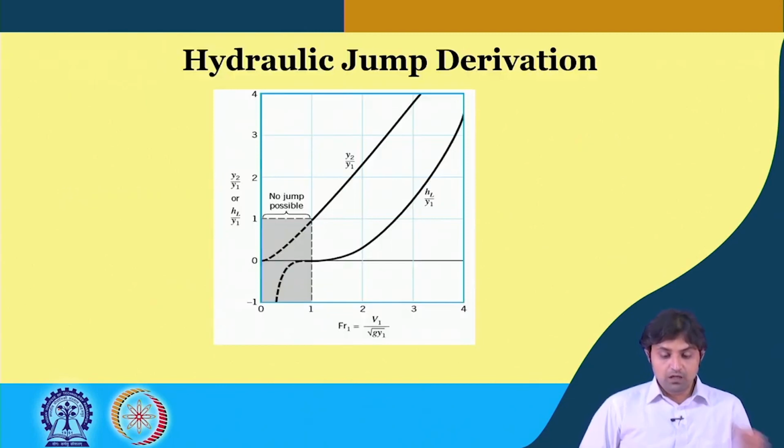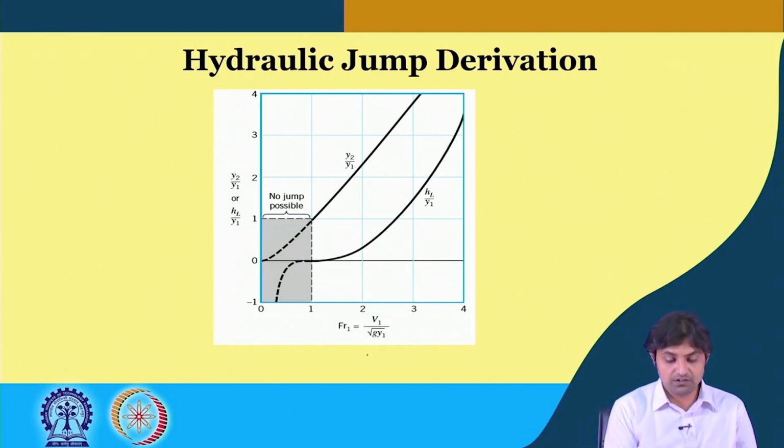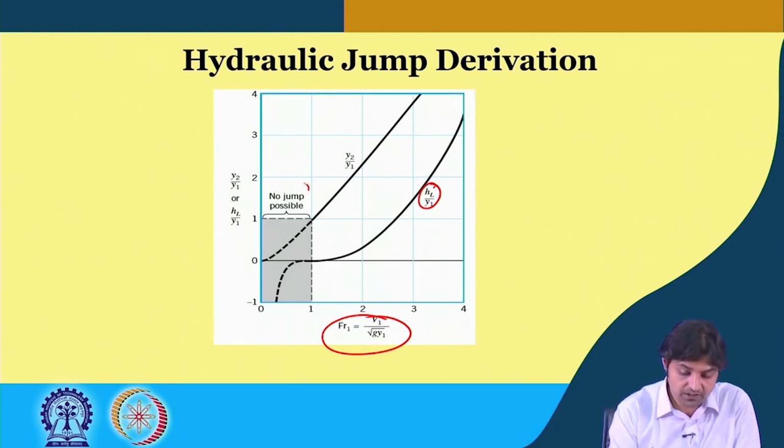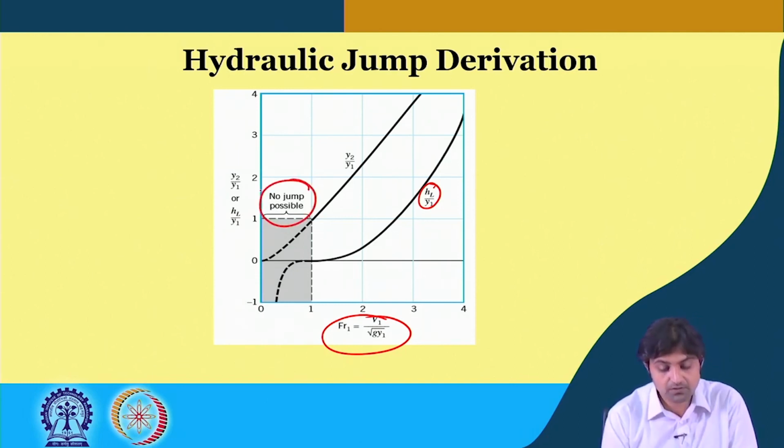So, this is a graph that has been drawn. This is a graph showing y2 by y1 against the Froude number at 1, all right. If you keep plotting, this is HL by y1, all right. This is an area where there cannot be any possible jump.